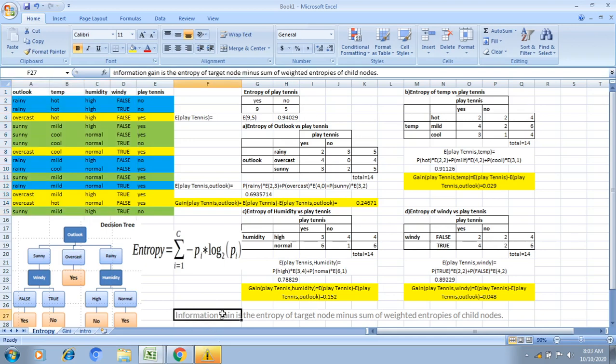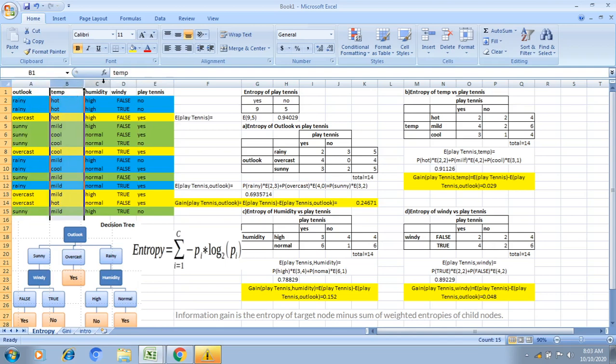Here I am calculating the information gain. Information gain is the entropy of the target node minus the sum of weighted entropies of the child nodes.